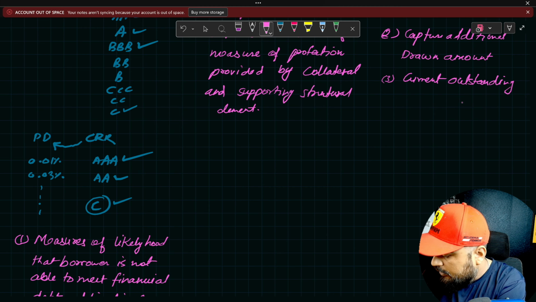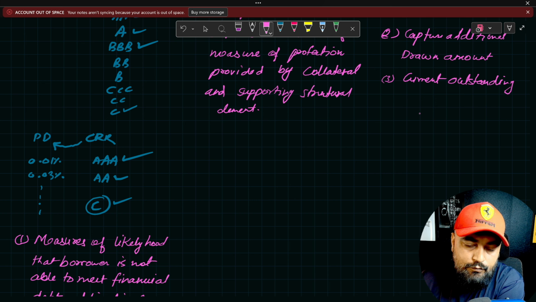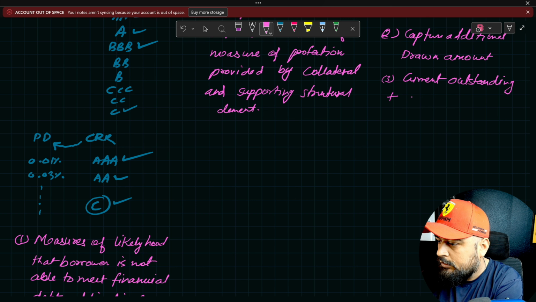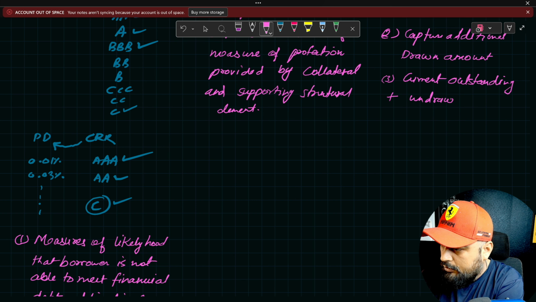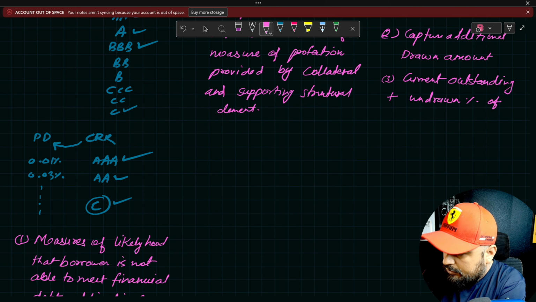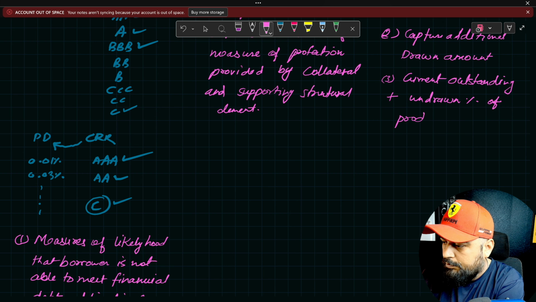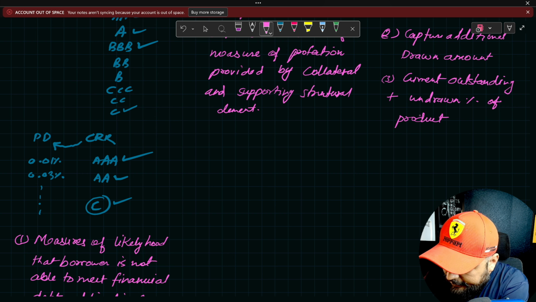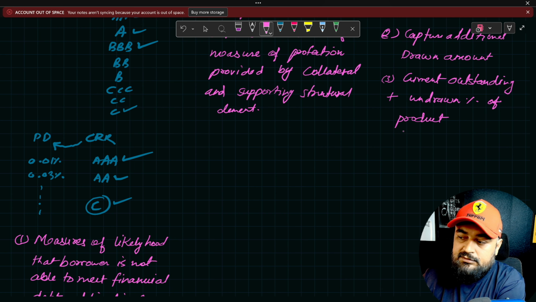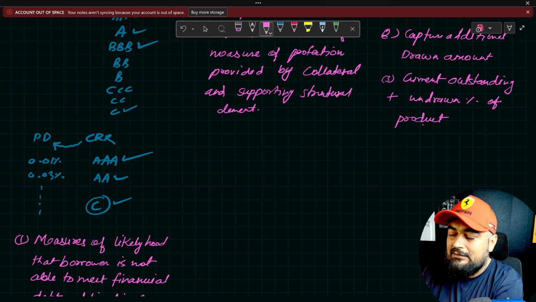So it basically shows the current outstanding plus a certain level of undrawn percentage of the product. It can be a loan, it can be a credit card, and anything. Okay. So that's something you should always remember about all these three concepts.